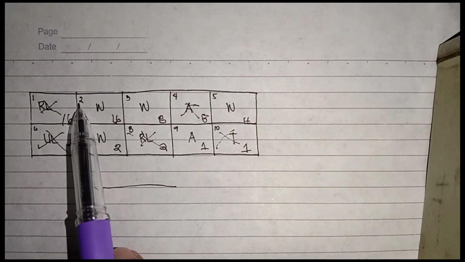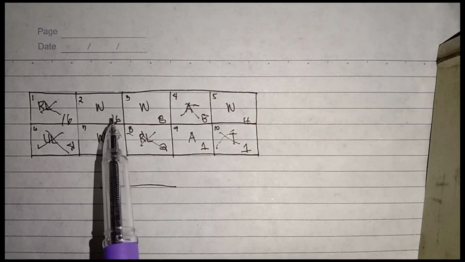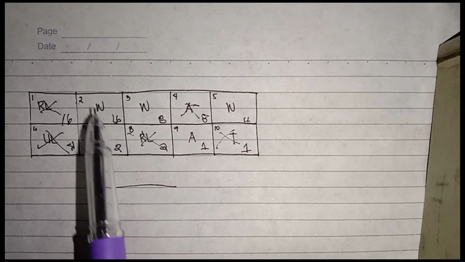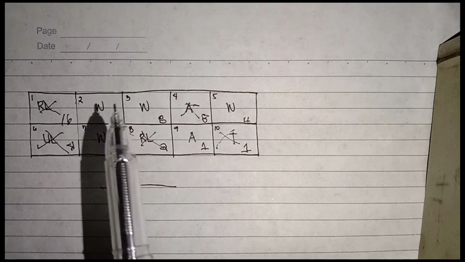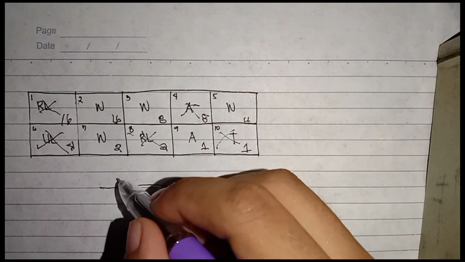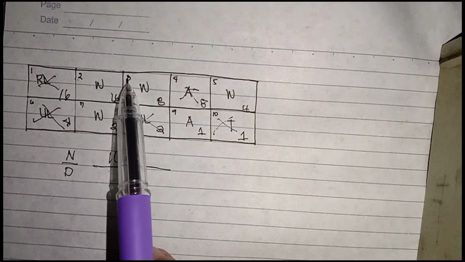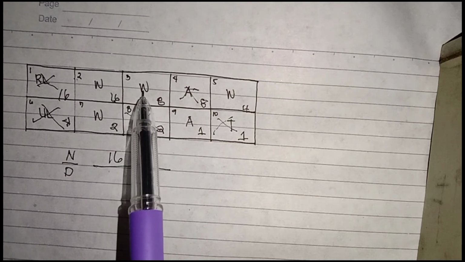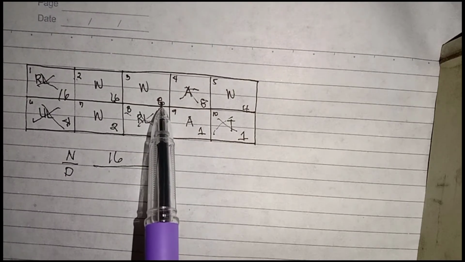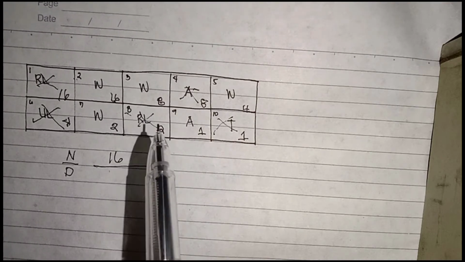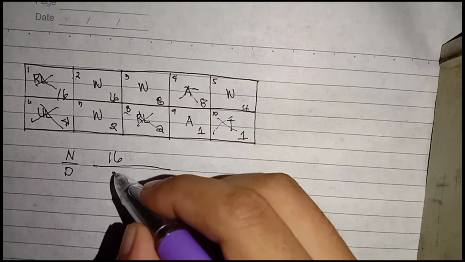Finger 2 is a whorl type and has a numerical value of 16. 2 is an even number, so we will put it in the numerator. Finger 3 is a whorl type and has a numerical value of 8, and 3 is an odd number, so we will put it in the denominator.